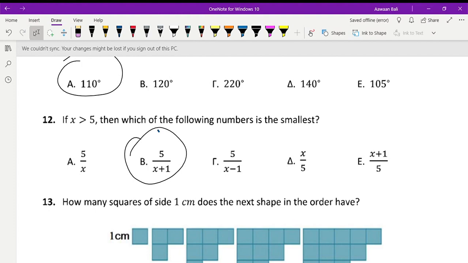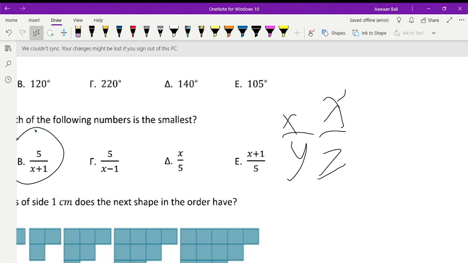If we have the same numerator, say x upon y and x upon z, and y has a smaller denominator, then it's a bigger fraction. If y has a smaller number for the denominator, the bigger it is, and if z has a bigger denominator, the smaller it is.